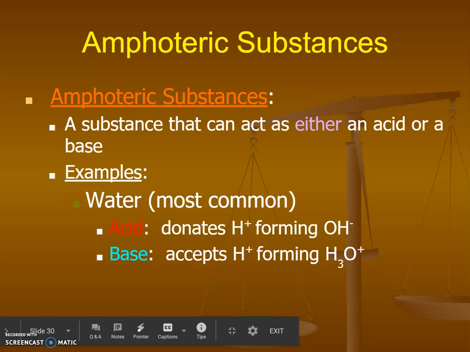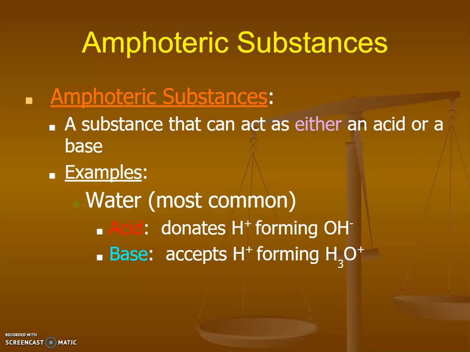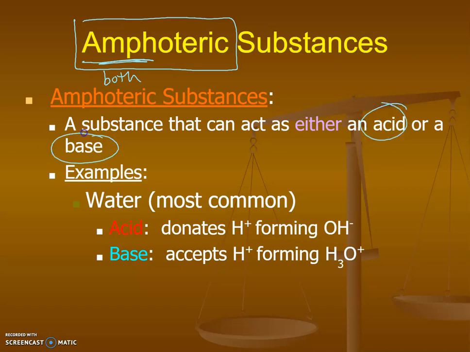Now, as you saw in that first example, water, which we think of as neutral, acted as a base there. And there are substances that are considered to be amphoteric. Amph meaning both. Okay, so these substances can act either as an acid or a base.